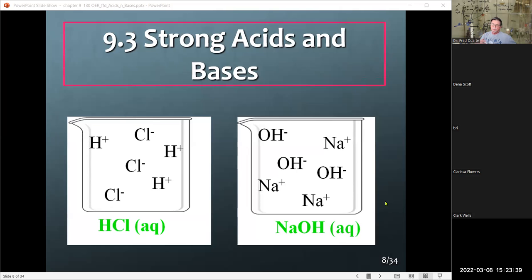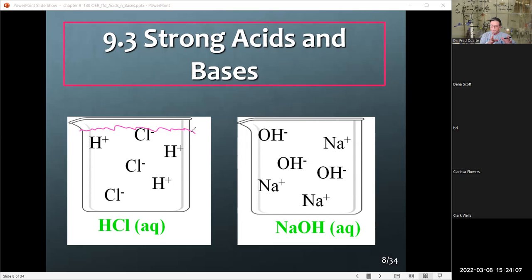Now, sometimes I need to demonstrate, or you need to show us, either way, to depict graphically what a strong acid and a base look like in solution. So hydrochloric acid, and this could be a beaker of water, which has in it some hydrochloric acid.